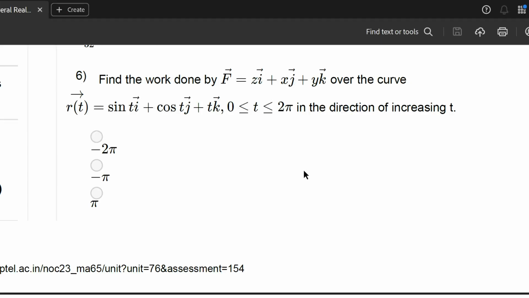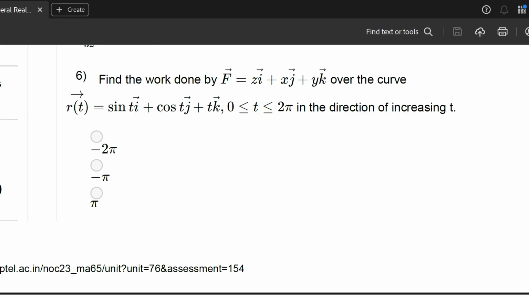Here r is xi plus yj plus zk. Since it is in parameter form, x is sin t, y is cos t, and z is t. So the work done is the integral over C of F dot dr. C means this curve, and it is a three dimensional curve.